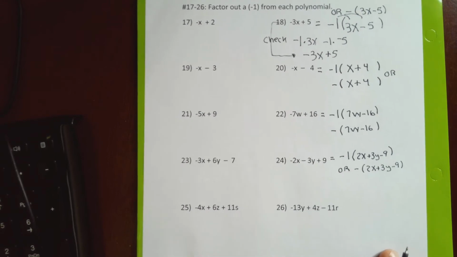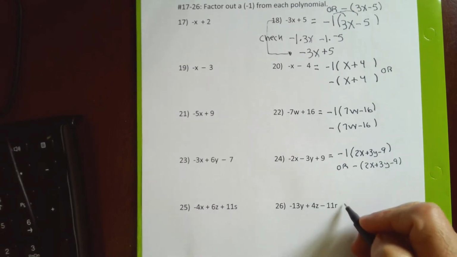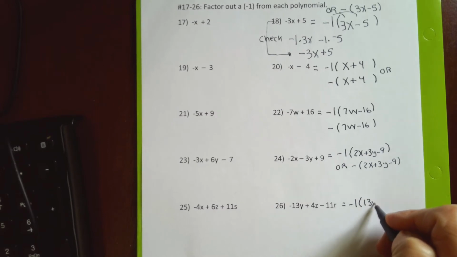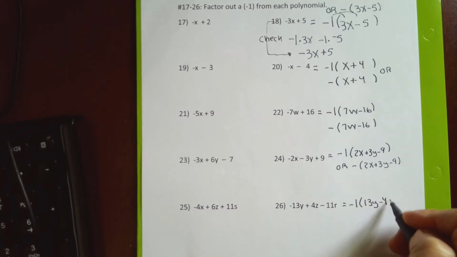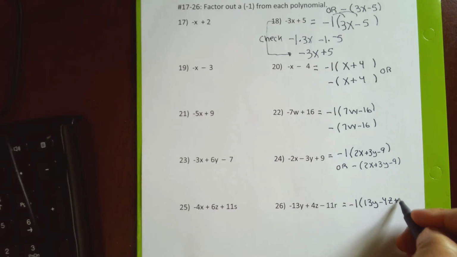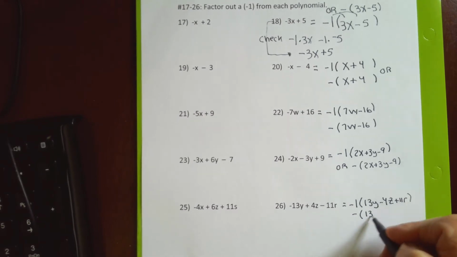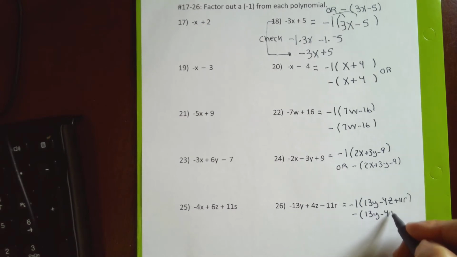And the last one in this grouping, for the 26, if I factor out a -1, I'd be left with 13y minus 4z plus 11r. And again, I could have the negative up front without the 1, and that would be okay.